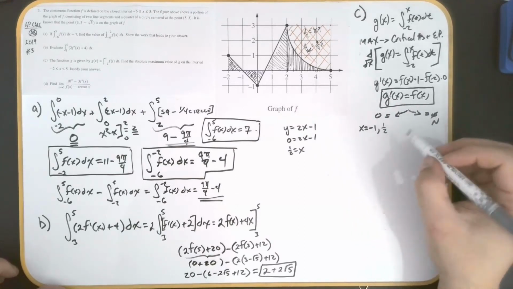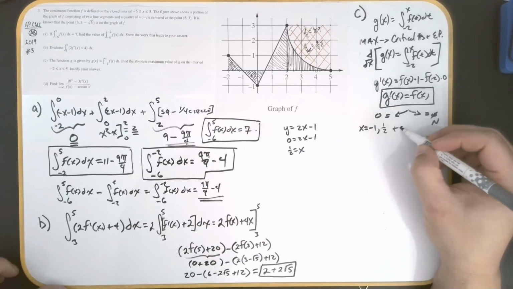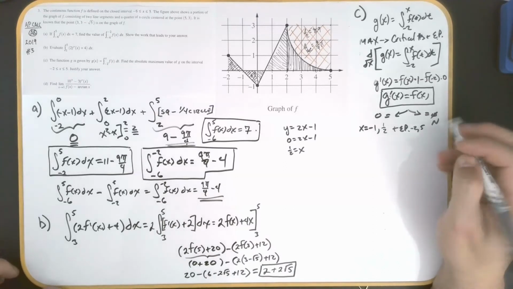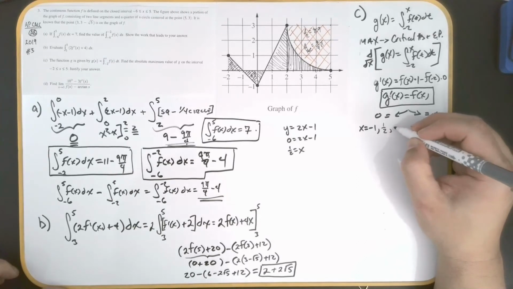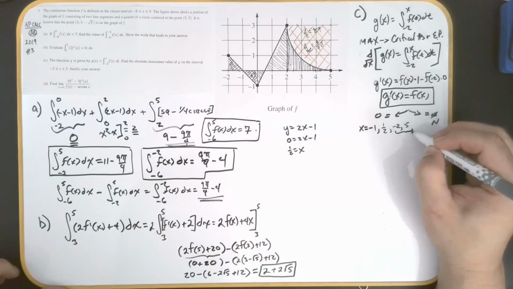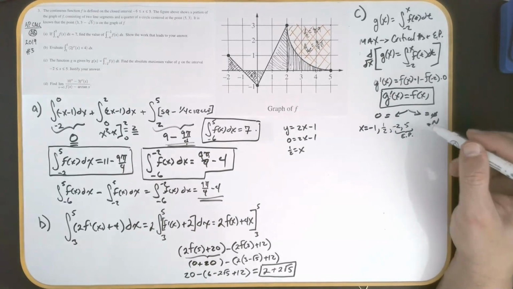So these are my critical numbers, plus endpoints, which are negative 2 and 5. I just don't want to be confusing here, so I'll just put negative 2 and 5, but I'll point out that those are endpoints. So one of those is going to be the absolute maximum, so we've got to check these out.